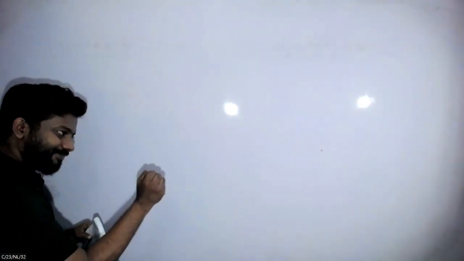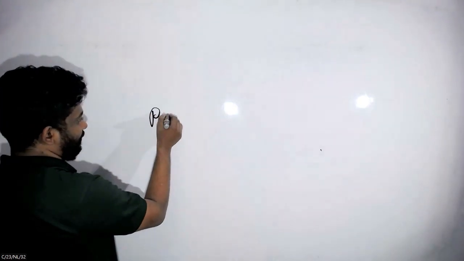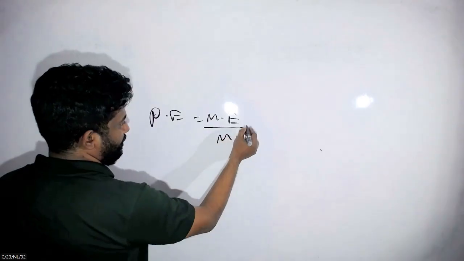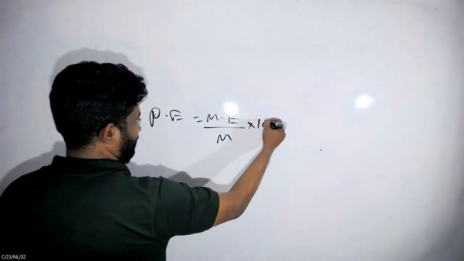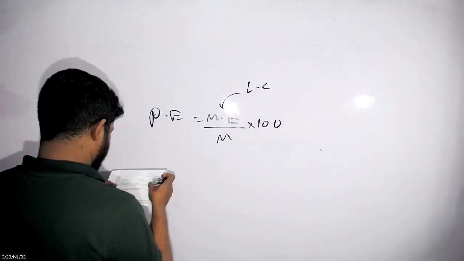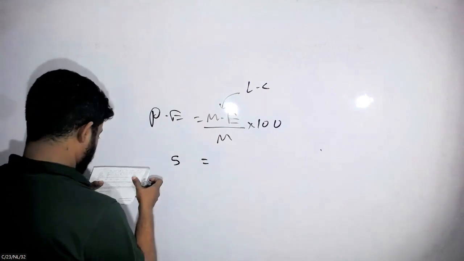To find the measurement, you just need to know the expression for the percentage error. Percentage error is equal to maximum error over measurement into 100. Here this maximum error is equal to the least count, right? Then percentage error is 5%.